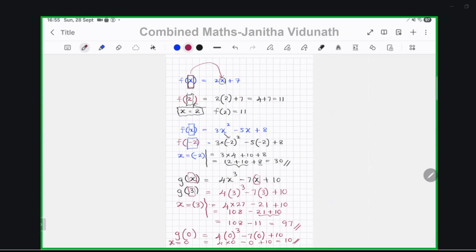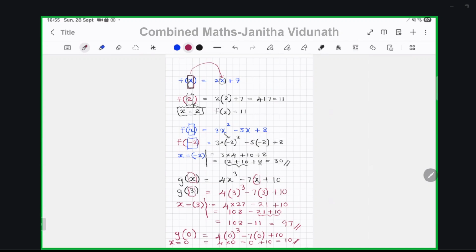After writing down all the examples, try to finish the previous question. The students who haven't done the previous question, try to do that question after finishing this.